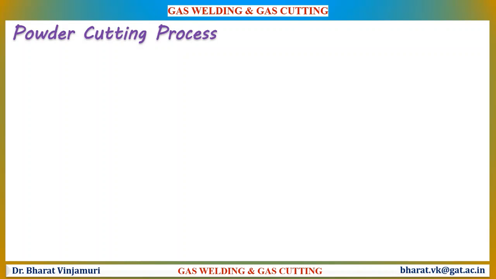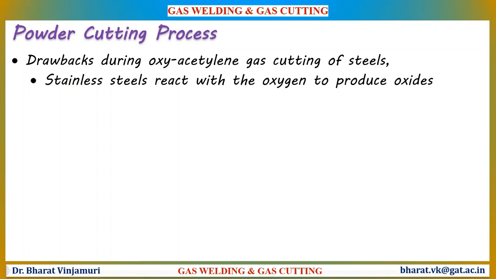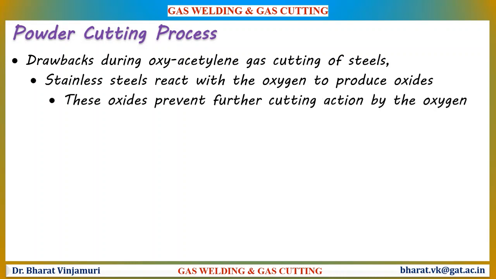There are certain drawbacks during gas cutting using oxy-acetylene cutting process. While cutting stainless steels, the stainless steels react with oxygen to produce oxides, which further prevent the cutting action by this oxygen.